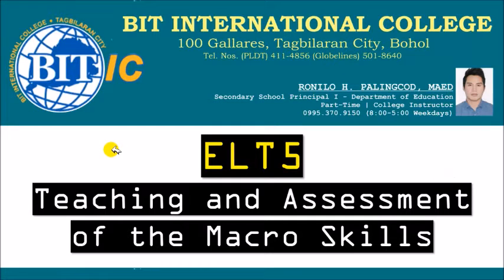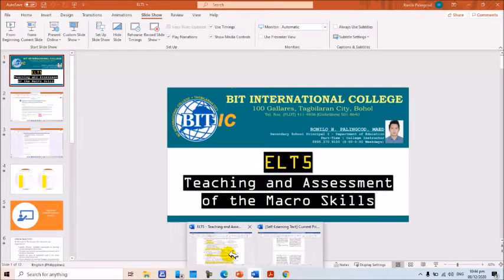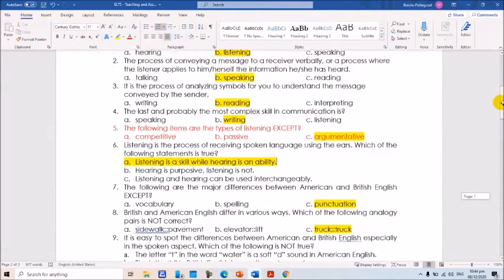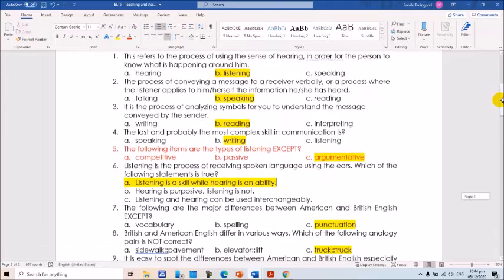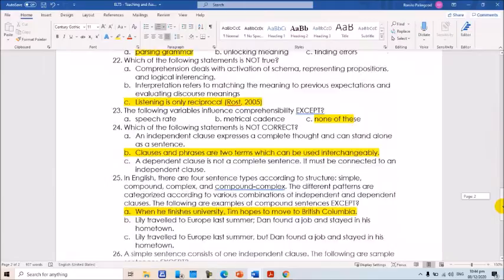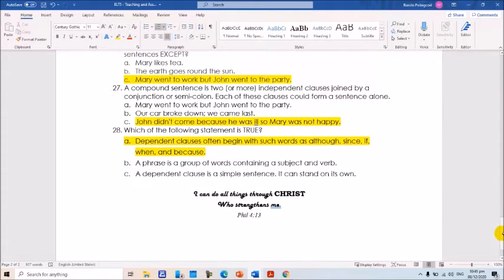Alright, so let me just go ahead and close this slide right here, and let me open this Word document. As you can see on your screens right now, these are the questions that we were using last time in our midterm exam via Google Forms. As you can recall, it was a 28 item test.